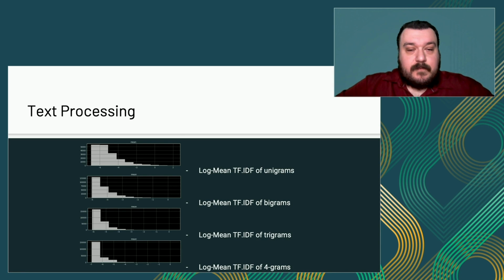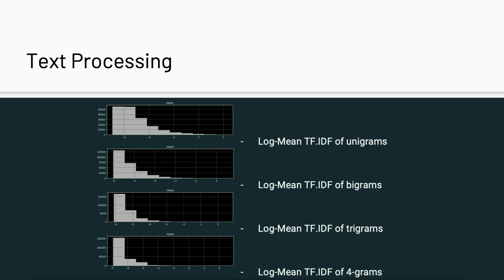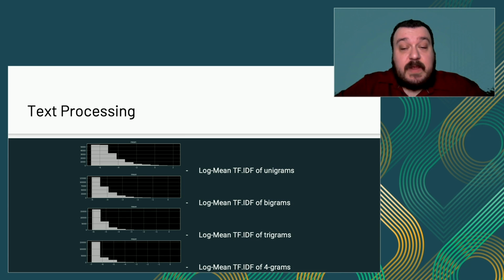If we look at the distribution of the TF-IDF of these n-grams, we see that for the unigrams there's a much broader occurrence. There are lots of unigrams that occur with some frequency, and then we see it decreases as we go to bigrams, trigrams, and 4grams.